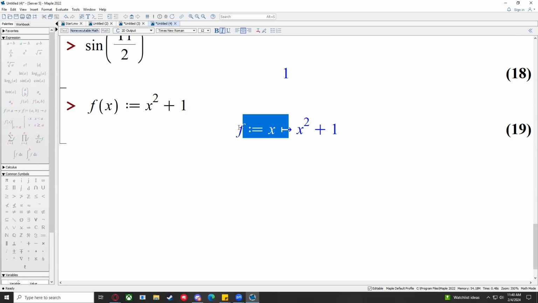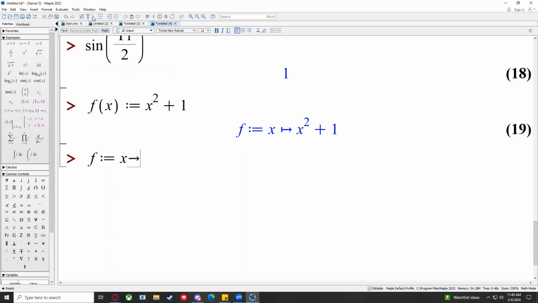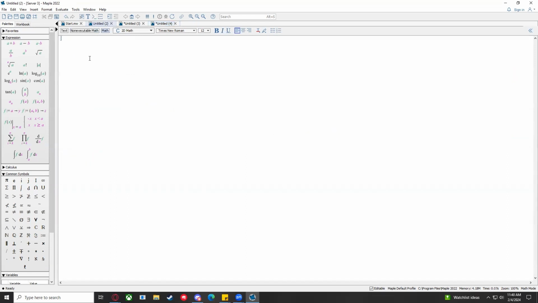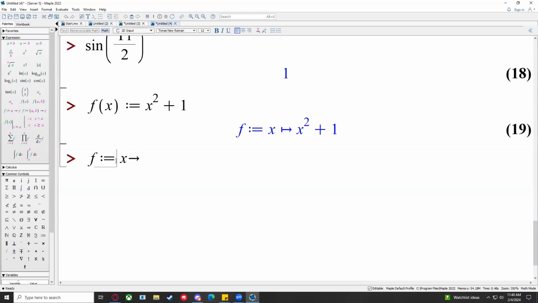You may notice that the response is a little different. It's written in the old way. So back in the day, we used to write functions like this. You used to have to make this symbol and then also make this symbol.